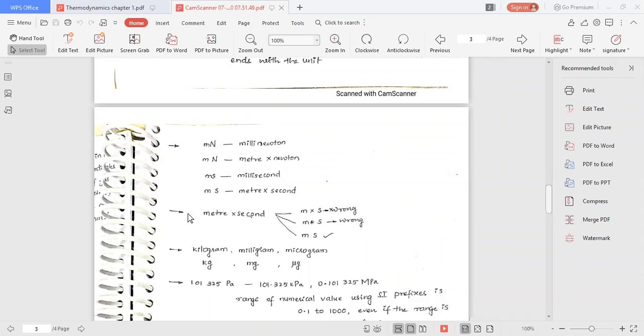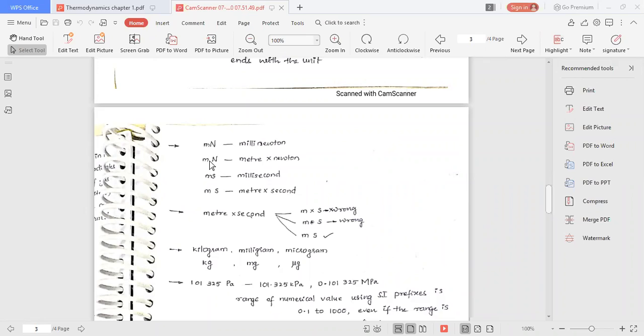Yes, ma'am. Okay. See here, in the first sentence I have written small m, capital N, and in the second also I have written small m and capital N. How can you write this as meter into Newton? Here you have not written meter into Newton. What is the difference? Just observe these two. Can you see any difference in the notation?